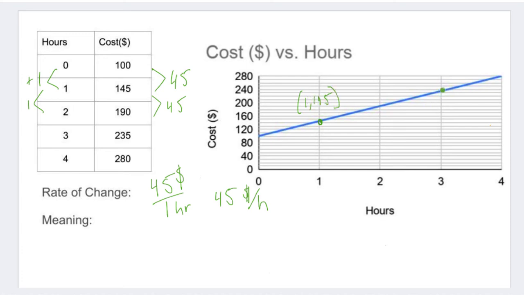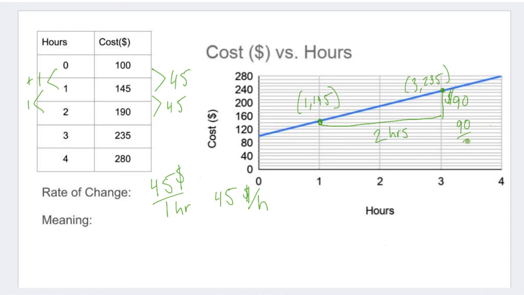In the graph, we can see it here, because again, this coordinate is (1, 145). And this is (3, 235). If we made a slope triangle, the run is 2 hours, and the rise is $90.